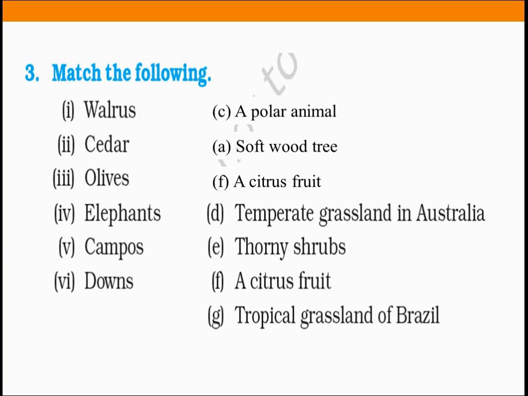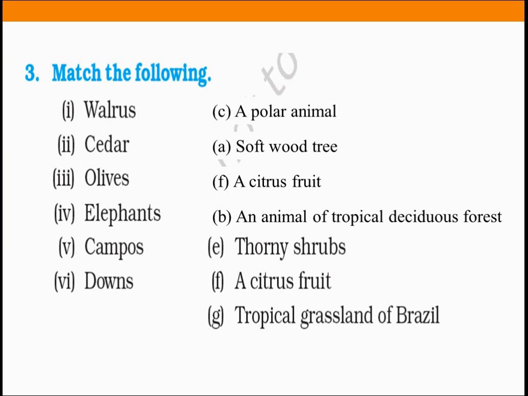Fourth one, elephants. The answer, an animal of tropical deciduous forest. The fifth one, campos. The answer, tropical grassland of Brazil. The last one, downs. The answer, temperate grassland in Australia.